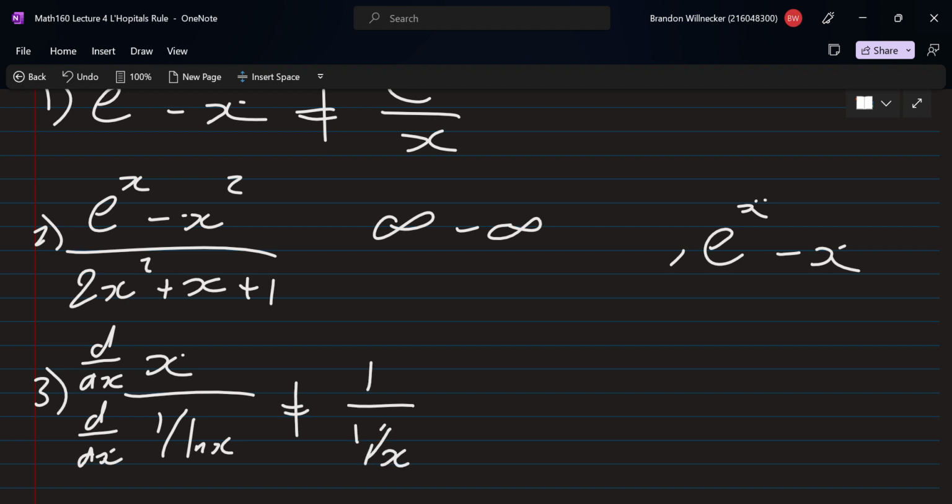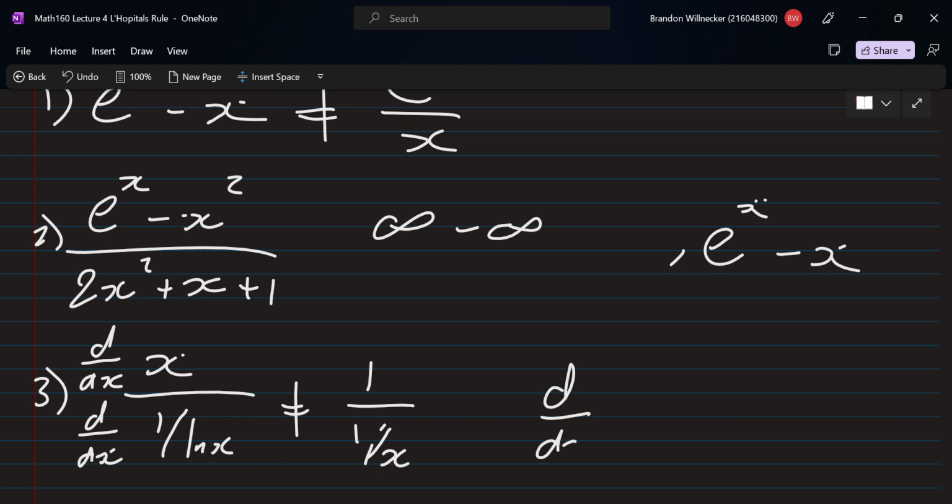Again, that's wrong. Look at the bottom, it's 1 over the natural log of x. The derivative of the natural log of x is 1 over x, that part's correct, but this requires the chain rule. You can't just look at the bottom part and see it's the natural log and then write 1 over x. That is not correct.